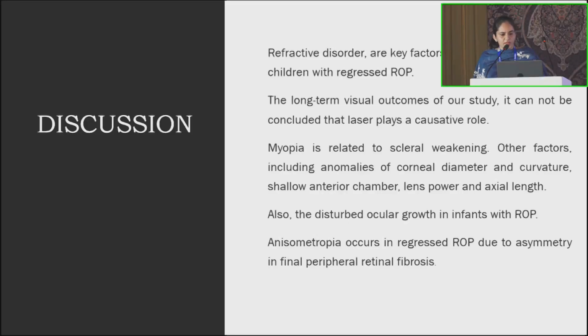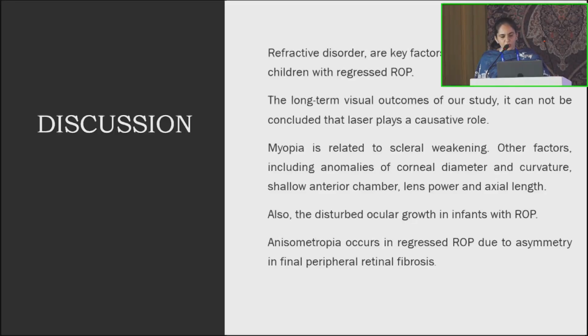Coming to our discussion, refractive disorders are the key factors when talking about visual outcome in patients with regressed ROP. From the long-term outcomes of a study, it cannot be concluded that laser plays a causative role. However, as myopia is related to scleral weakening, other factors should also be taken into account, including anomalies of the corneal diameter, the curvature, anterior chamber depth, lens power, and axial length.